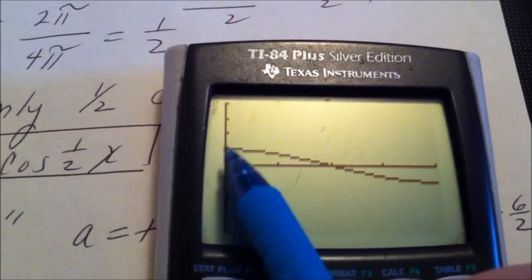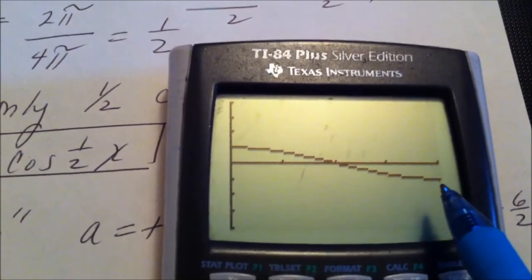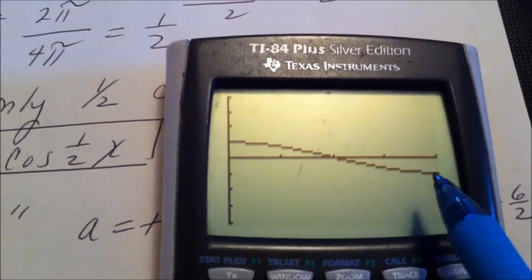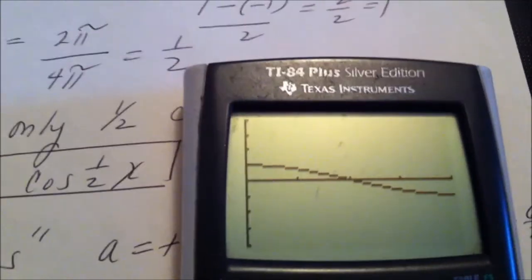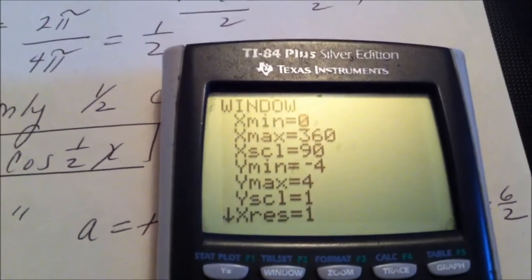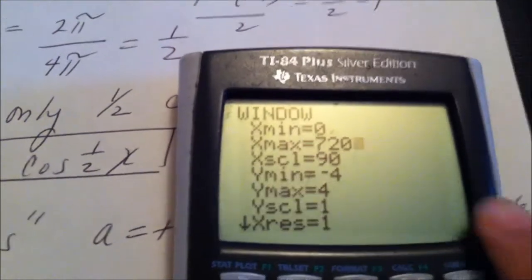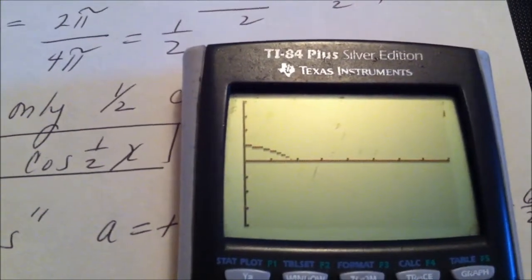Now, frequency by definition is the number of full cycles in a 2 pi interval. You see how we see half the curve here? So the frequency is going to have to be 1/2. You could use the formula, but then you'd have to look at the full cycle of this curve, and I'd have to change my window. A full cycle is going to go to 4 pi, or 720, to see the full cosine curve.